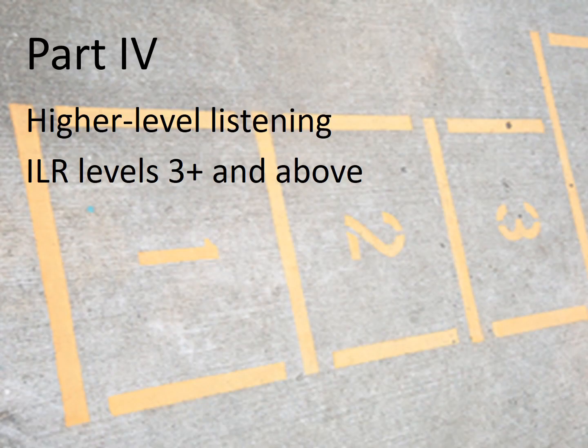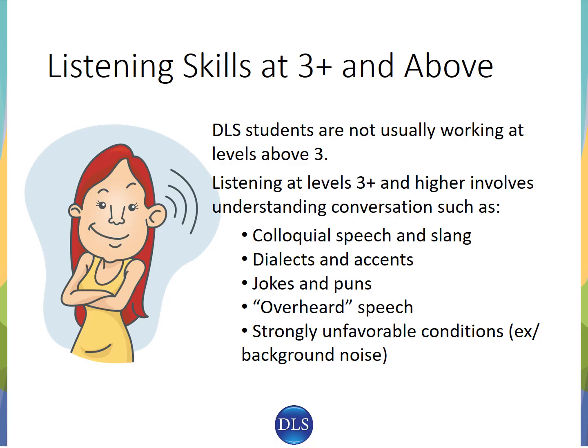Let's quickly look now at listening skills above level 3. Most students at DLS are not going to be working above level 3, but people with higher level listening skills can understand speech involving very fast, colloquial speech, possibly including slang expressions, dialects, or unusual accents, jokes and puns, or overheard speech.